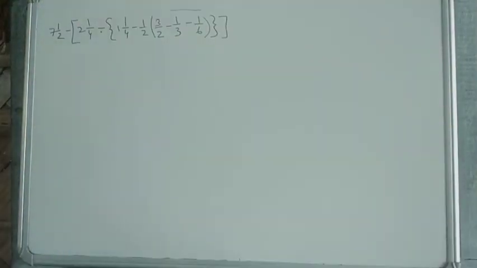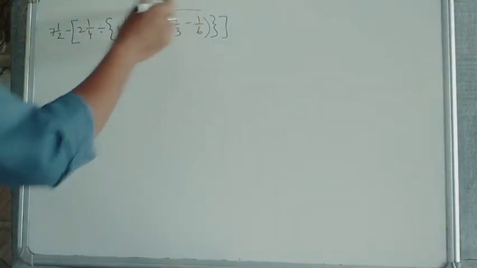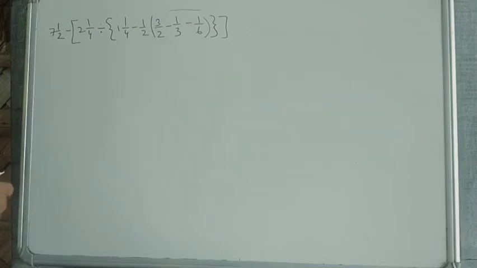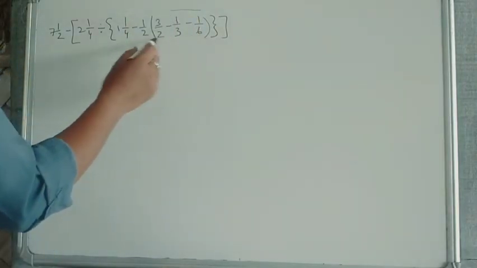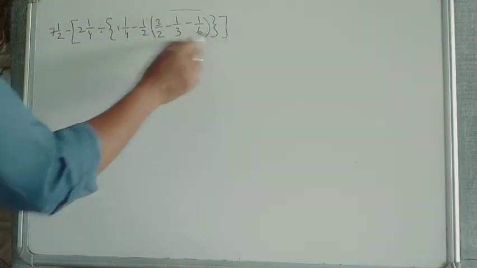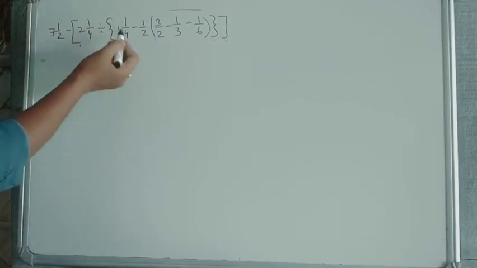So another question I'll take. Now in this question we have to see first where the bar is. That bar you have to solve first. I have told you another question also where there was a bar. So always the bar has to be solved first. Then after that you have the first bracket, then the second bracket, and then the third bracket, and the last one. We have to do it this way. Whatever mixed numbers are there, I will make them into proper fractions.